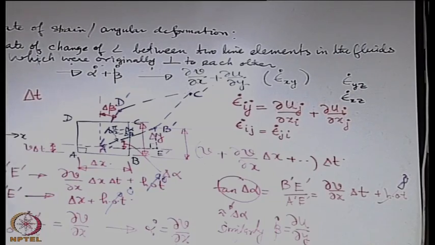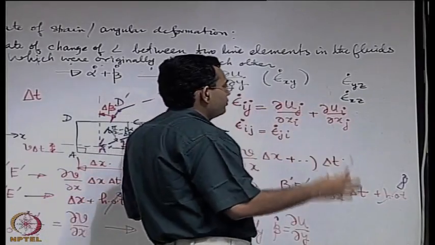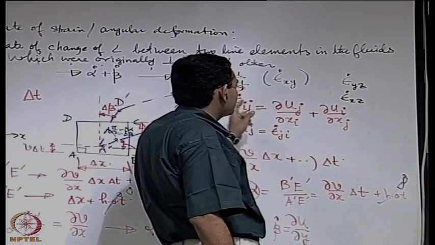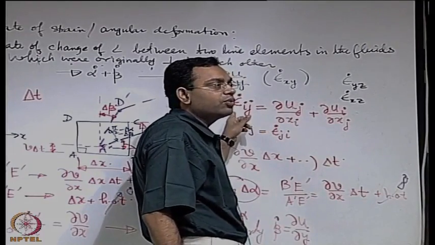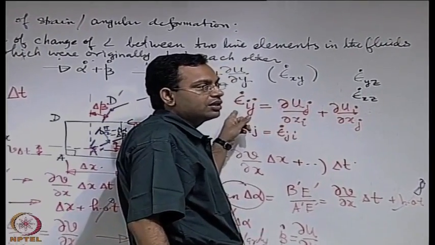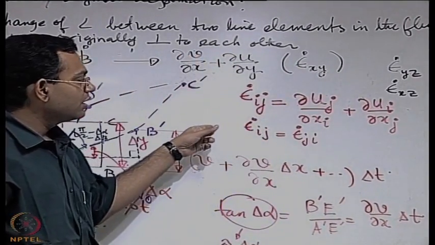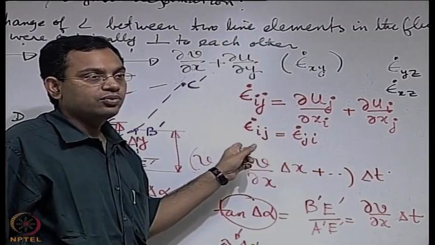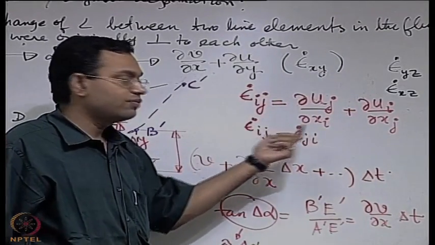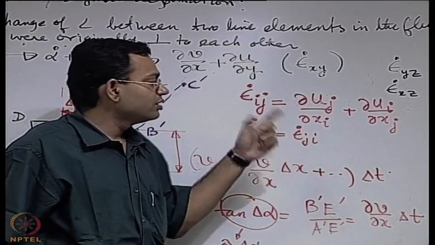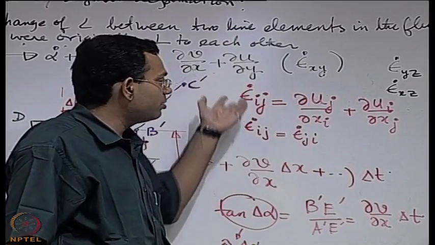So it is symmetric. So if you write it in the form of a matrix where you can see there are two indices, each index varies from 1 to 3, that means you can write a 3 by 3 matrix using these components. Again out of that you will have 6 independent components because of this symmetry. So this may be written in a matrix form, that is the components of this.